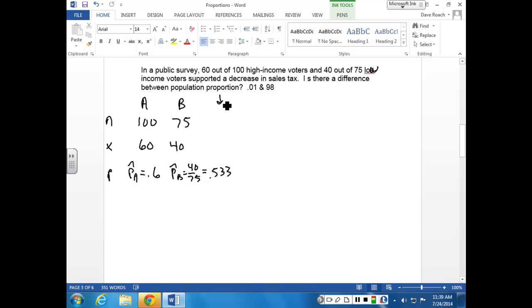For the confidence interval, we just have P hat A minus P hat B. Think of that as one number, the 0.6 minus the 0.533, or 0.067. That's just the same number.